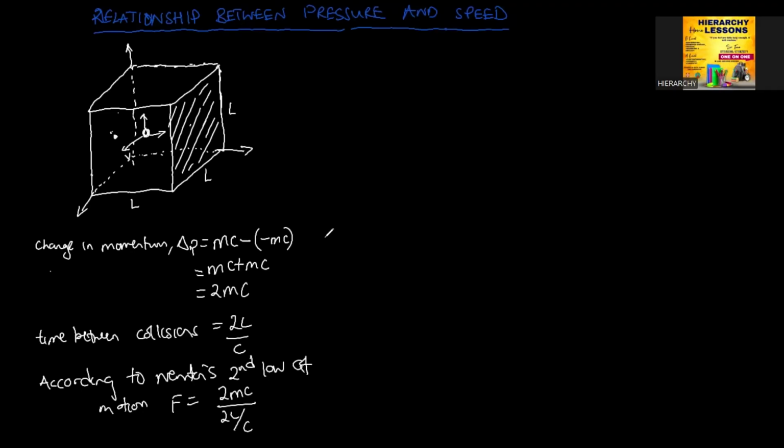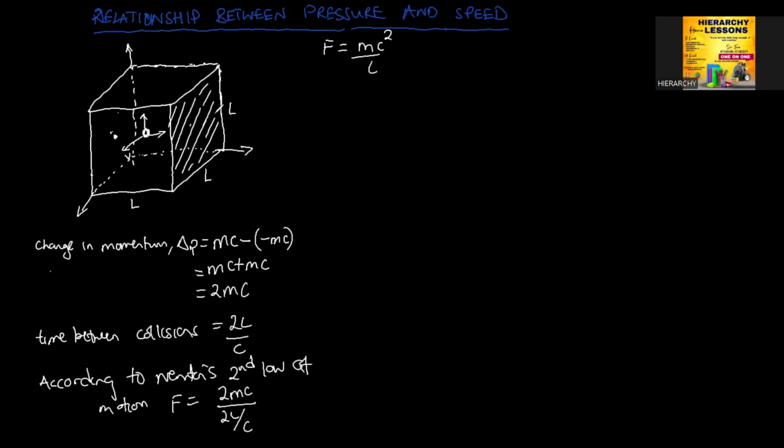The c goes up, which means F is equal to mc squared over L. That's the force exerted on the shaded face.